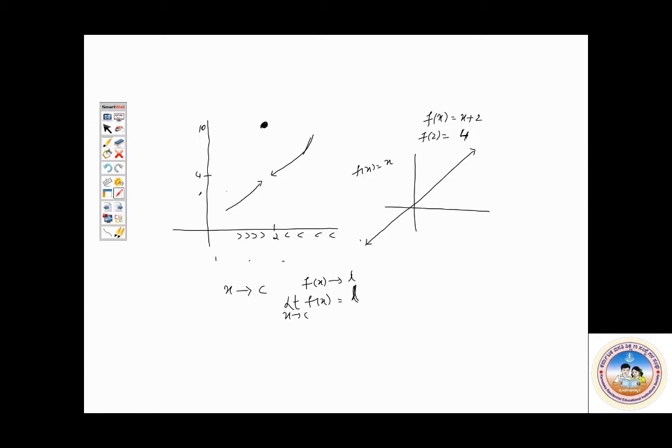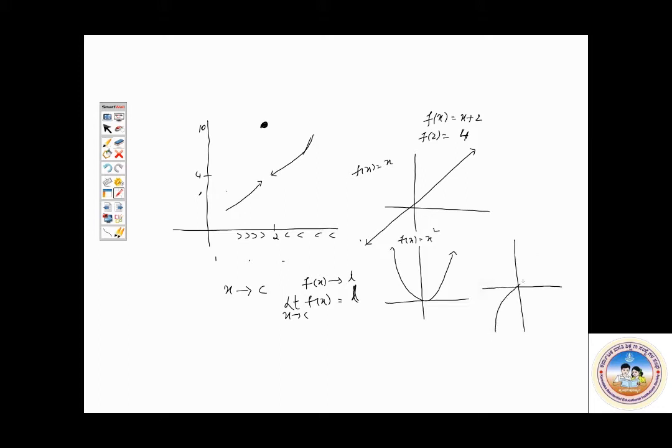I will go for one more graph, f of x equals x square. Now here you observe, f of x equals x square. This is the graph. f of x equals x cube. This is the graph. This is the x cube graph.